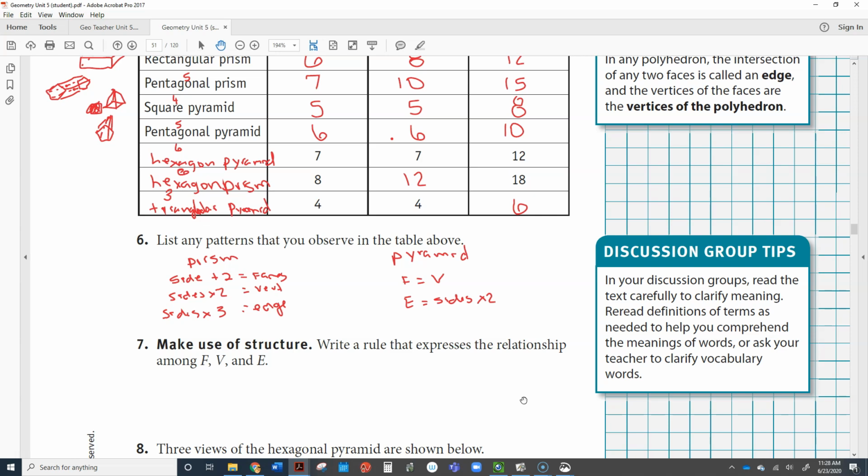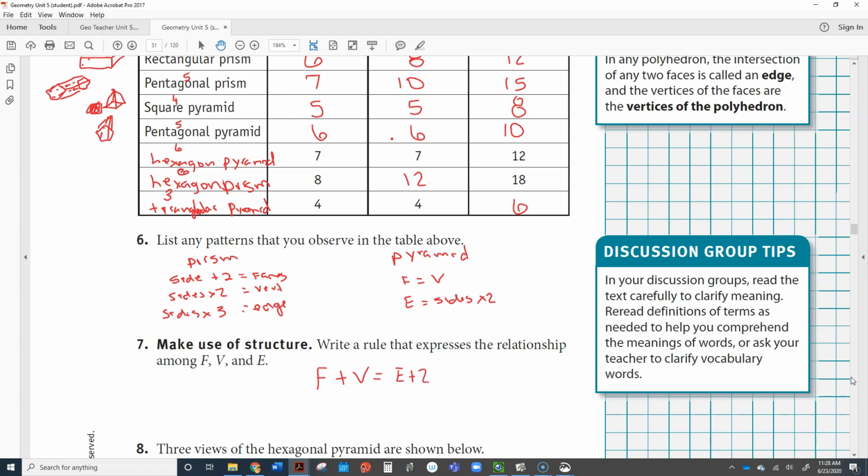It says, write a rule that expresses the relationship among faces, vertices, and edges. So it's kind of hard for me to pretend like I don't know this one because I do. So you take the number of faces, you add the number of vertices, and that's equal to the number of edges plus 2.